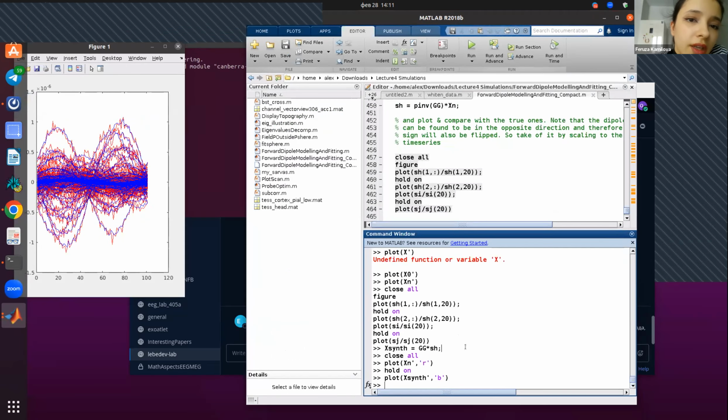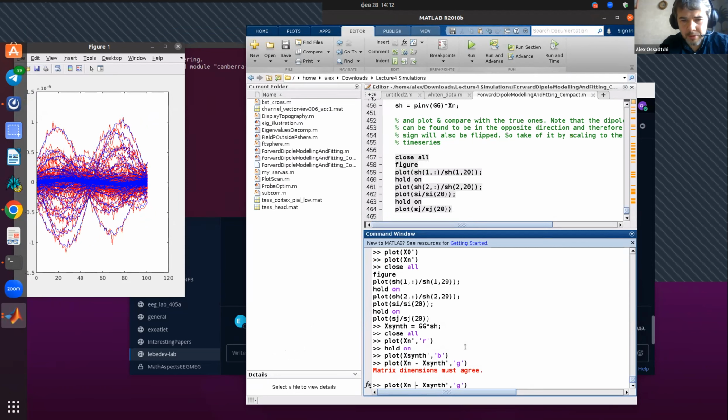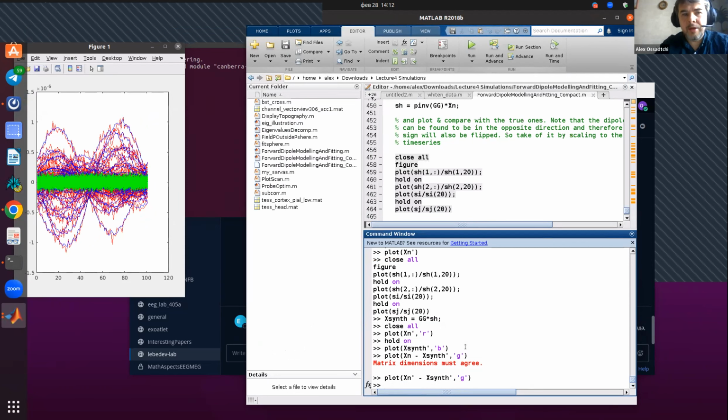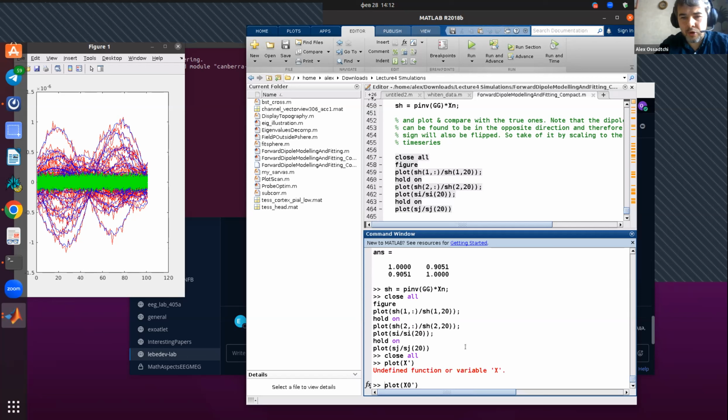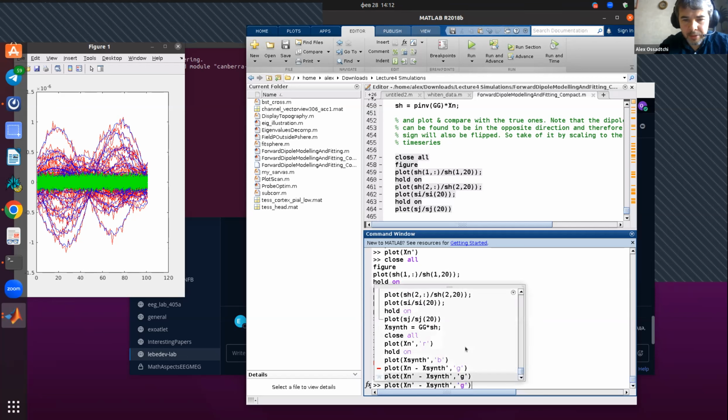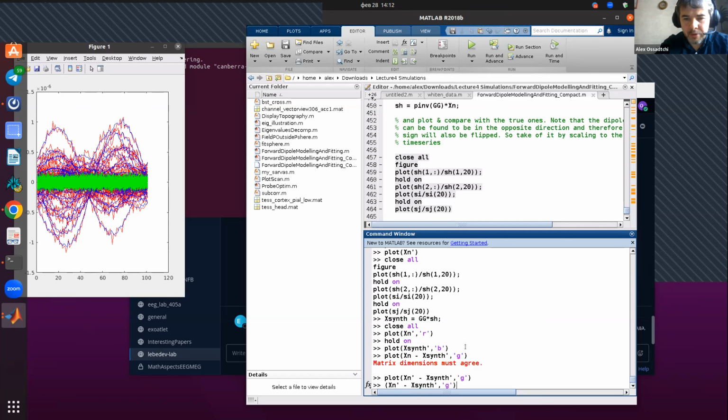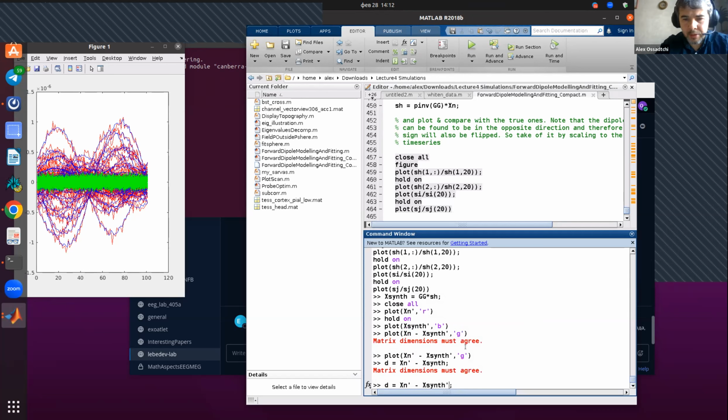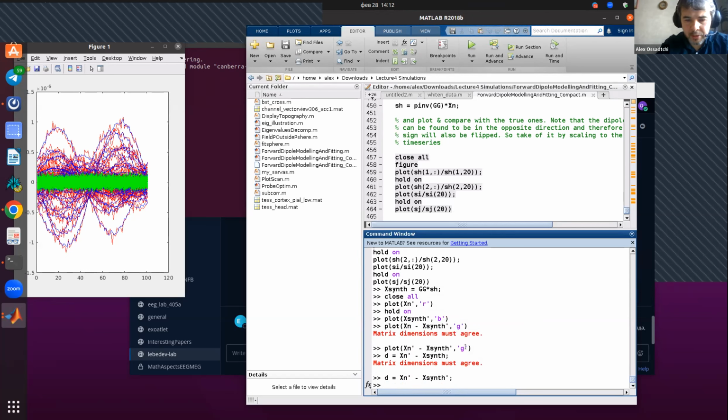And now hold on, and this is your goodness of fit: X noisy minus X synthetic, in green. And if you want the number, then take the Frobenius norm of this. This is D, and then the norm of vector D.